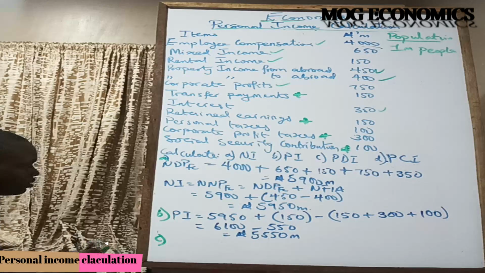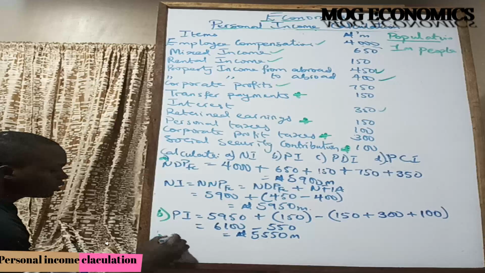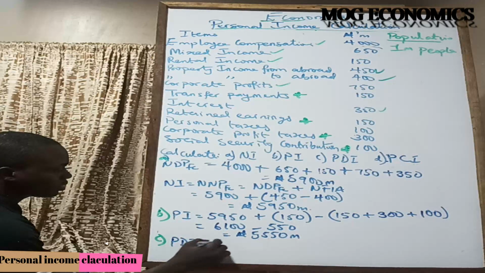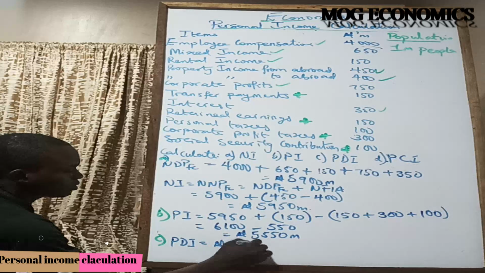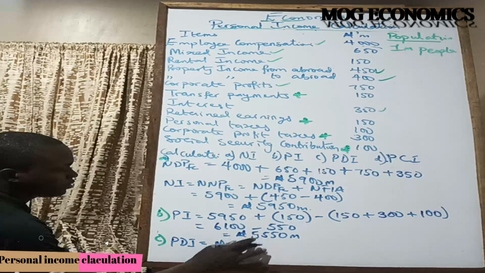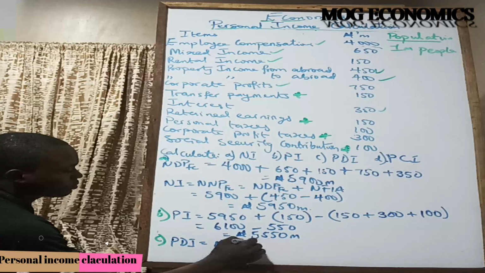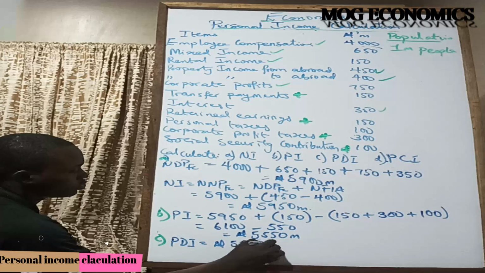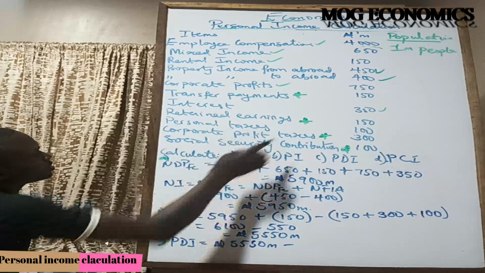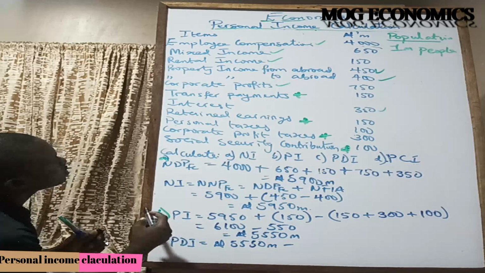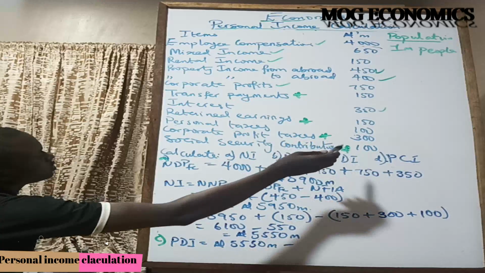PDI, personal disposable income, which is your PI, the personal income, 5,550 million, minus personal income taxes. This personal income taxes is 100, just 100. 150, 100, 300, so just 100.